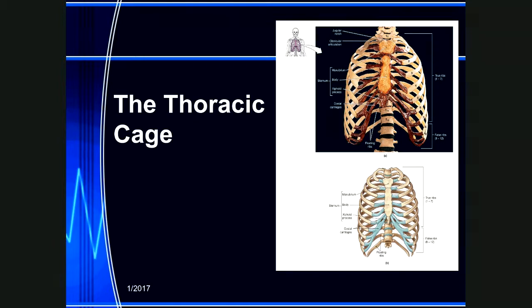The space between two ribs is known as the intercostal space. The intercostal muscles between the ribs assist us in breathing by moving the ribs up and down with our respiration.